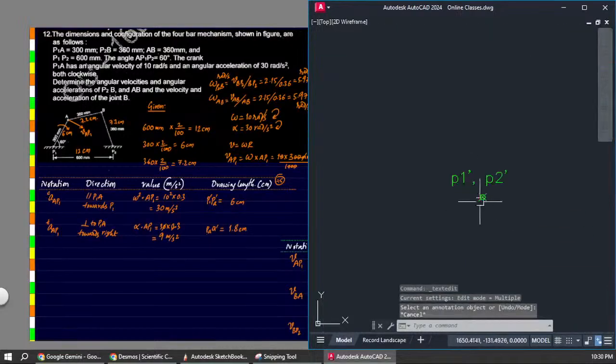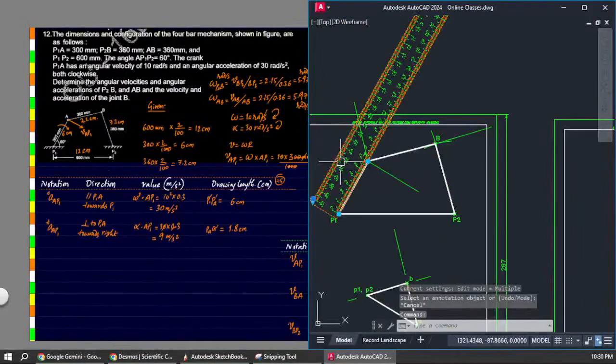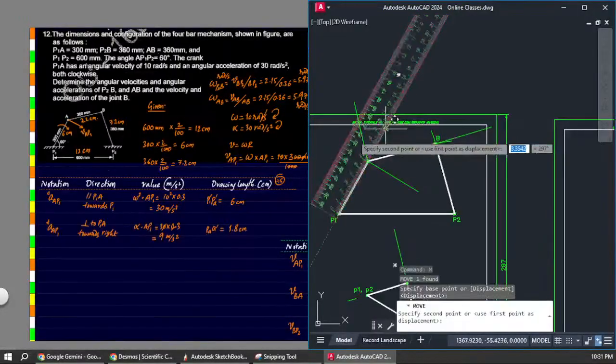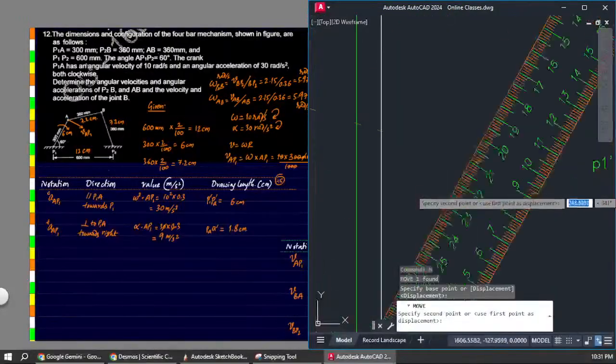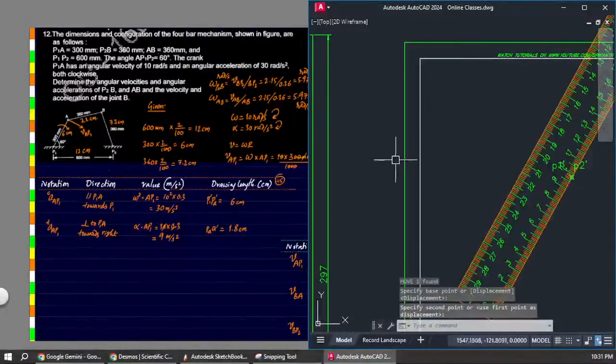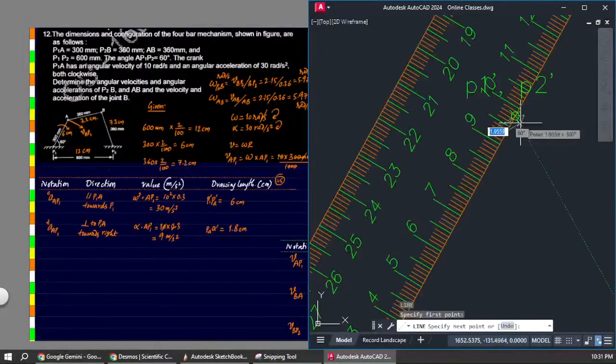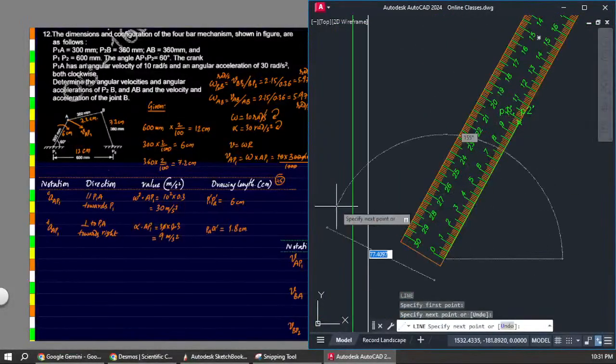Both will appear here. Now we'll have to take a line parallel to this in downward direction. Let's draw some length.